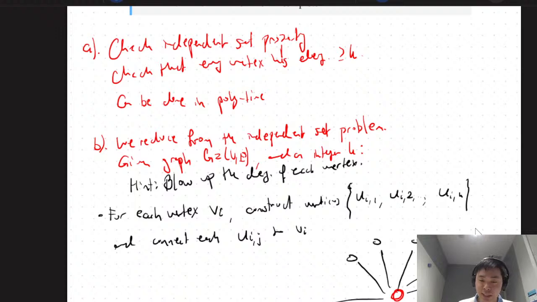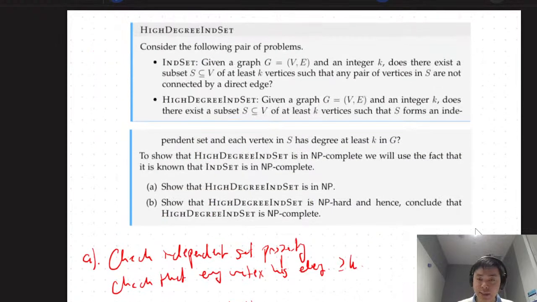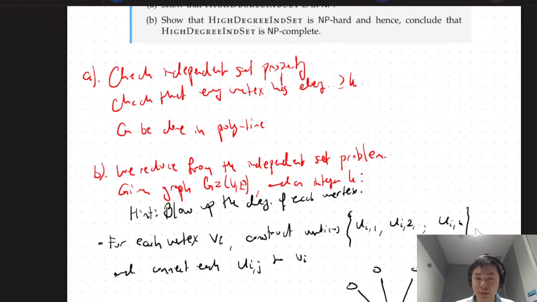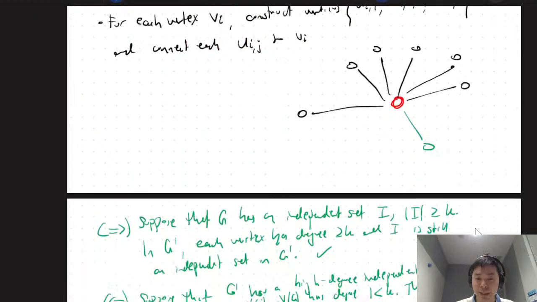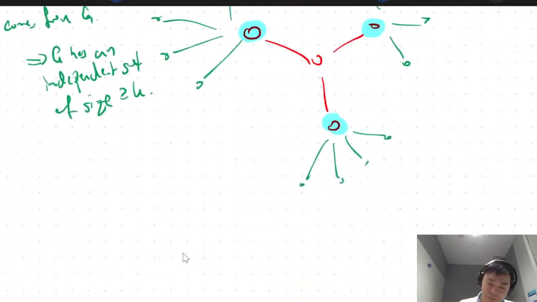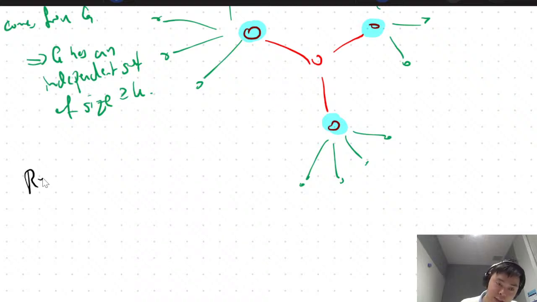For each vertex, you just blow up, you create k vertices. And here we're going to assume k is polynomial in the size of the graph, because otherwise it's not really that meaningful. So the reduction can be done in polynomial time.